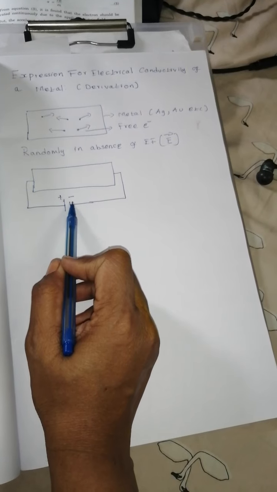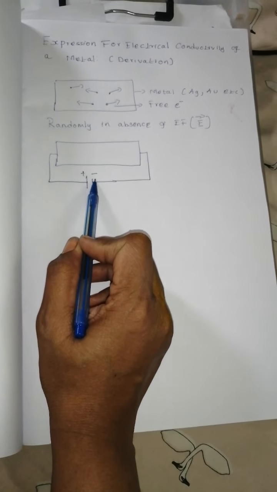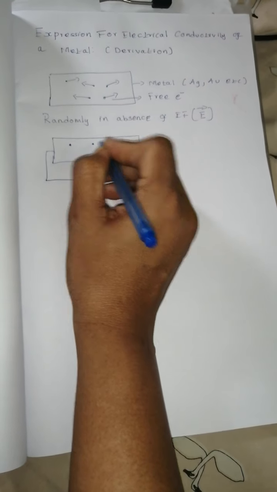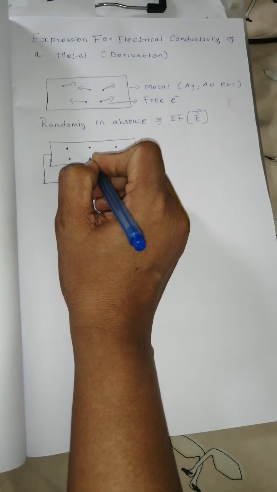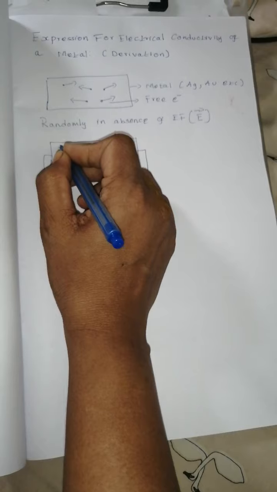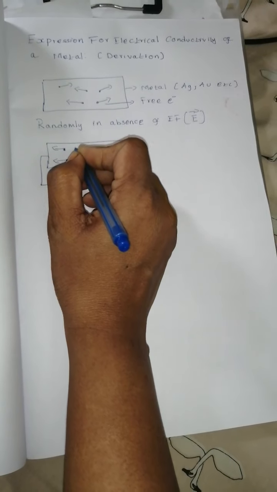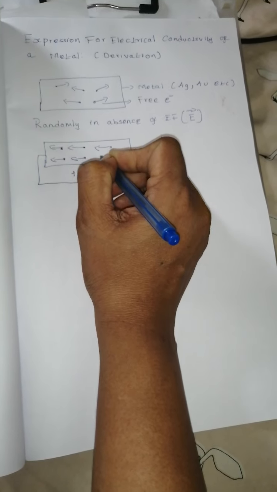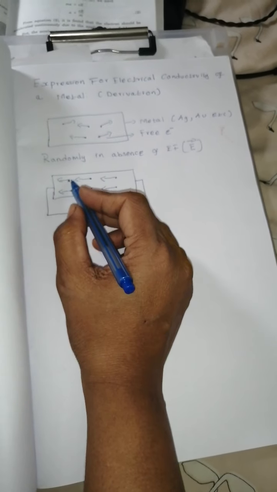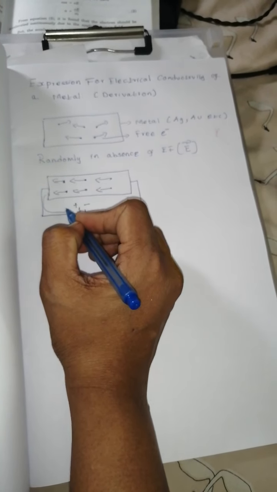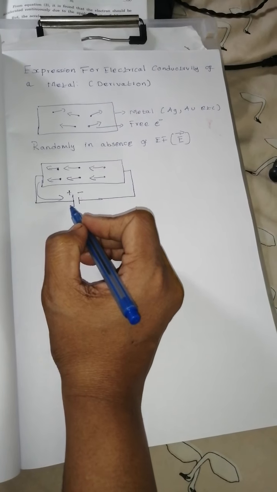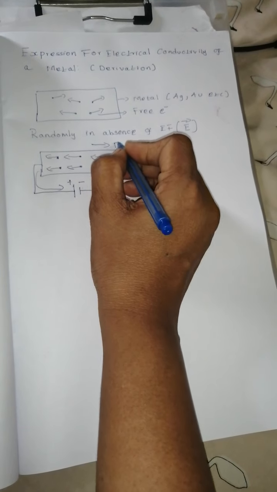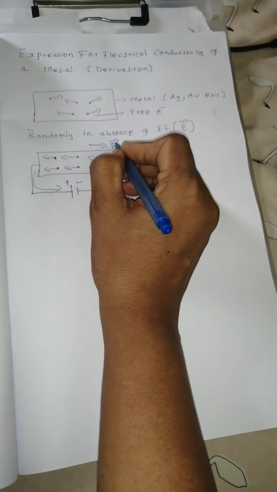If you apply an electric field to the metal, all the electrons present in the metal will move towards the positive potential. You know that electrons are negative charges. So when it is connected, all the electrons will move towards the positive terminal of the battery. The electric field will flow opposite to the flow of electrons.